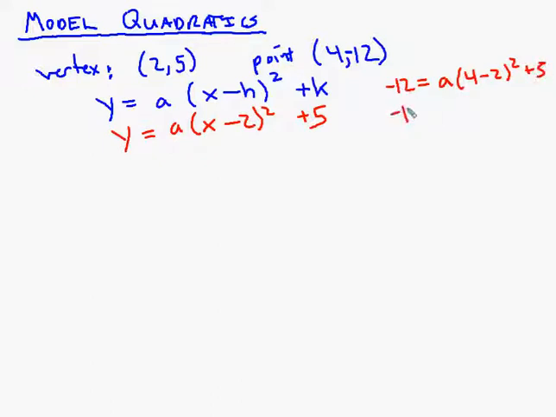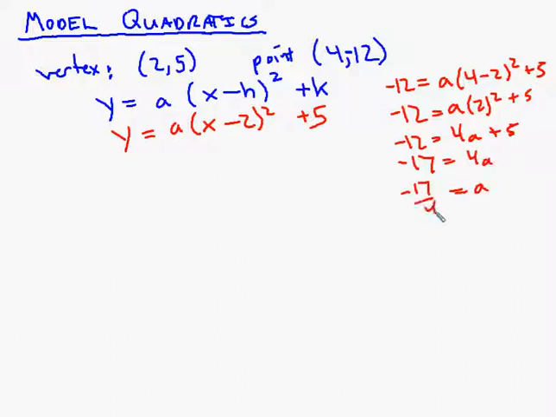And then we have negative 12 equals, and then we have 4 minus 2, which is 2. And then we'd square that. I'm reviewing what we did Friday. And then we subtract the 5. And then we divide by 4, and we get negative 17/4.